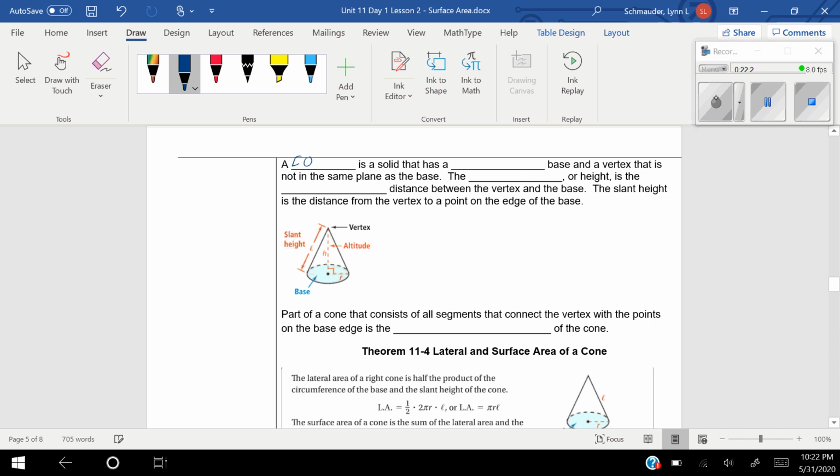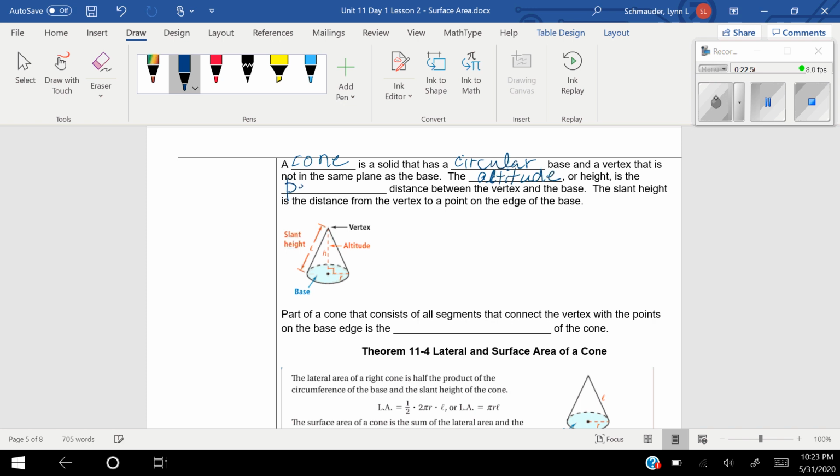All right, a cone. A cone is a solid that has a circular base and a vertex that's not in the same plane as the base. Everybody knows what a cone looks like, right? You've had an ice cream cone. The altitude or height is the perpendicular distance between the vertex and the base.